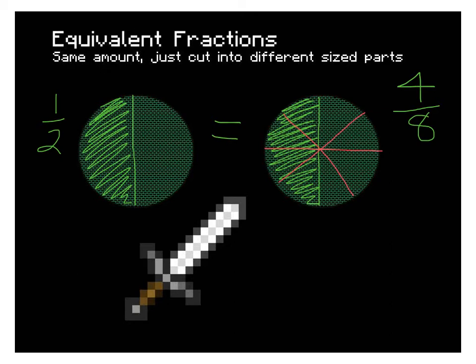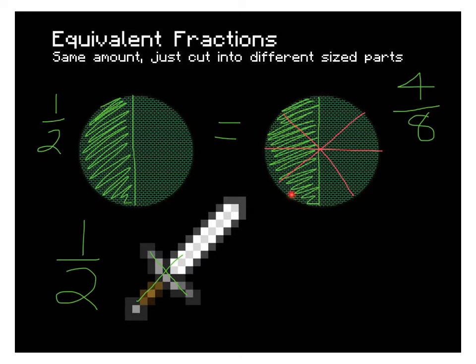Let's look at this mathematically. So if we start with 1/2, we know because of the identity property of multiplication that I can multiply any number times 1. So let's make a fraction equivalent to 1. Now let's go back to our model. We can see that we cut each piece.